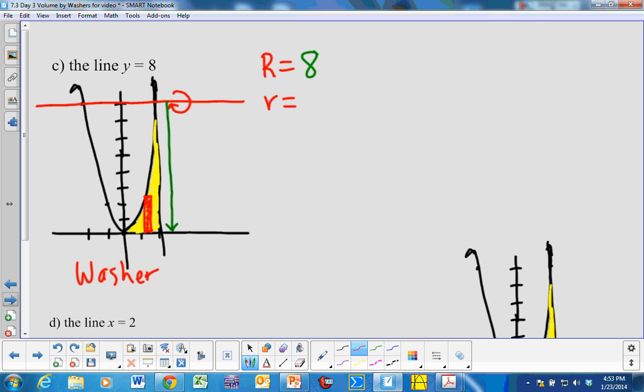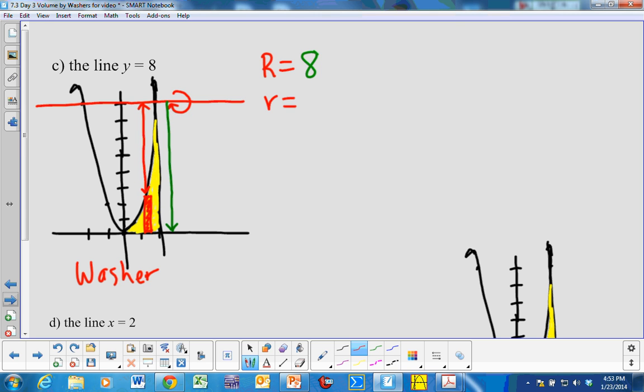If I want the inner radius, it is this distance from here to the top or bottom, whichever way you want to look at it, of this rectangle. That's this distance. That's the hole that's going to be getting cut out of this as this revolves around.